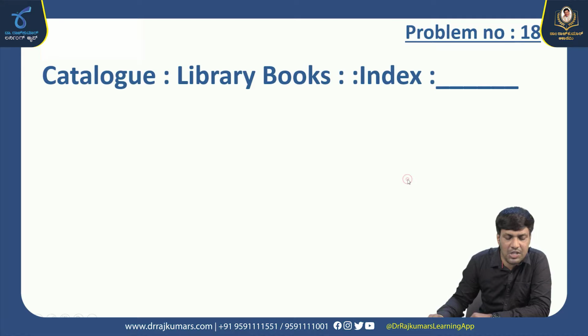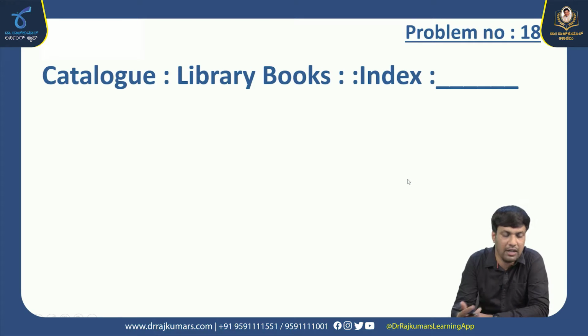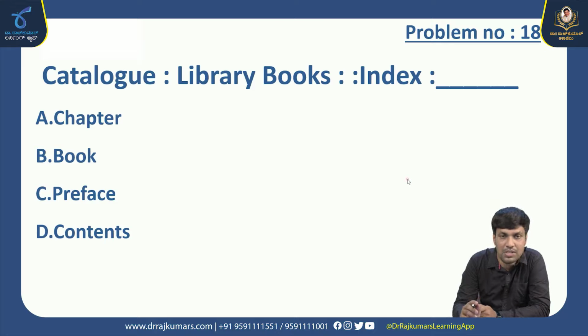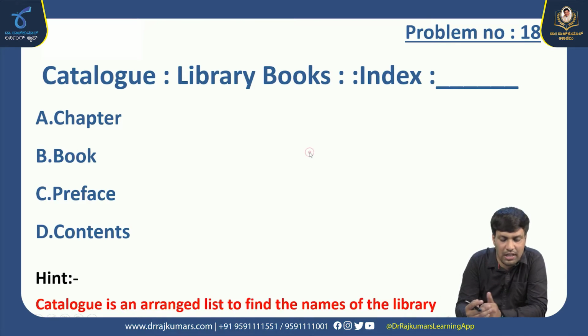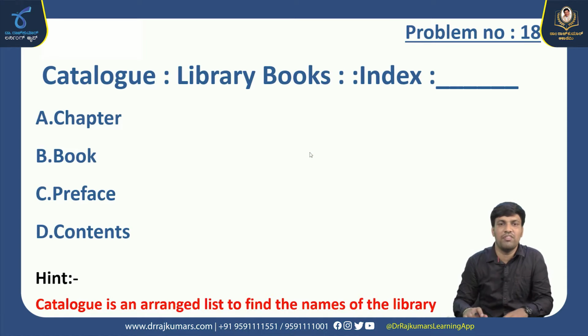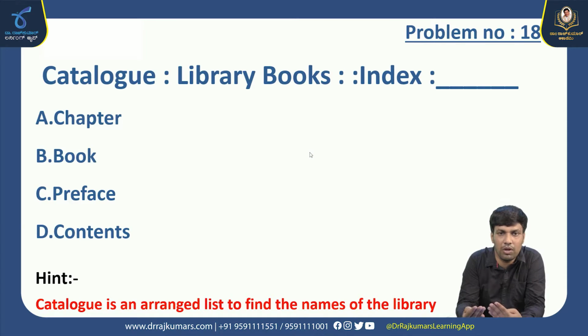If catalog relates to library books, then how is index related? Right? Options are chapters, books, preface, as well as content. On checking the hints, a catalog is an arranged list to find the names of books in a library. Usually when we visit a library, at first we check the catalog for easy referring to the book sections, right?